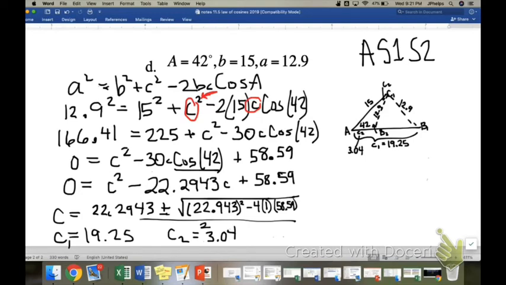So at this point, what we want to solve for is B1. And setting up the law of cosines, if we want to use B1, that means that we're going to be using side B. Side B is 15, that's 15 squared equals 12.9 squared plus, and if we're referring to angle B1, that would be the larger triangle, so C1 would be 19.25 squared minus 2 times 12.9 times 19.25 cosine of, and then this is specifically for angle B1.